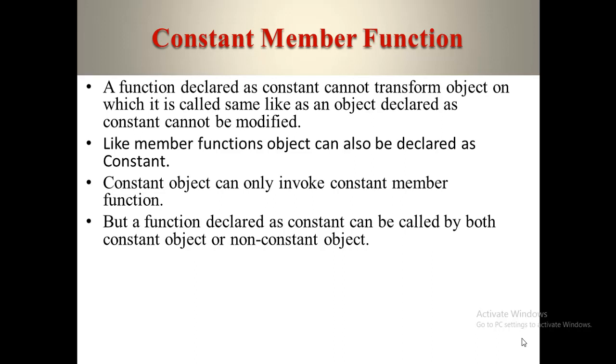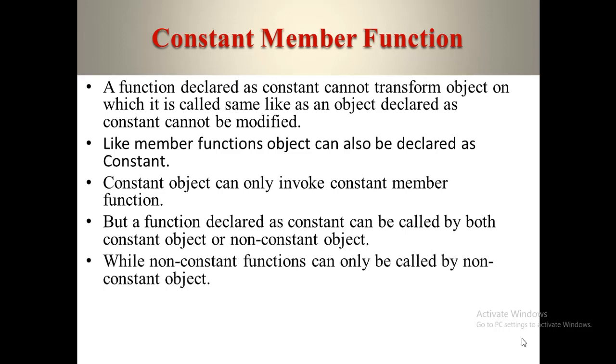Means simple and constant, both objects can call the constant function. For the function there is no restriction, right? Both constant or simple object can call the constant function. The restriction is only on the constant object, that constant object can only call the constant function. Hopefully you catch the point.